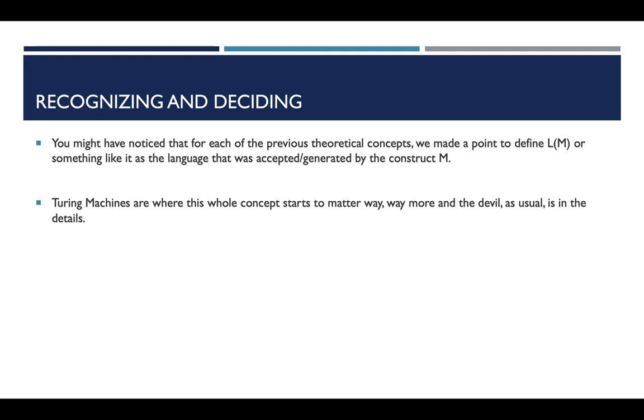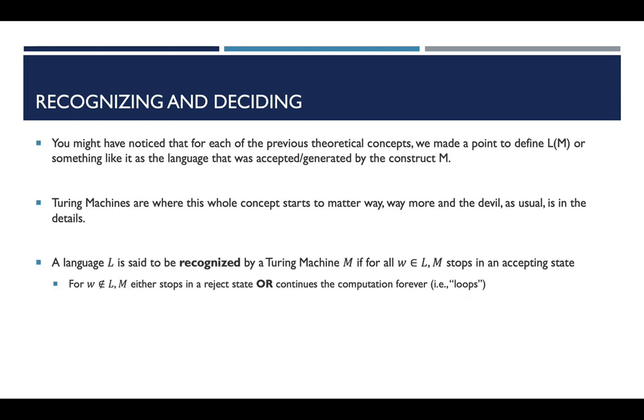There are many different terms for what it means to be accepted or generated by a Turing machine, and that's what we're going to talk about for the remainder of this lecture. The first piece of terminology is called recognized or recognizable.